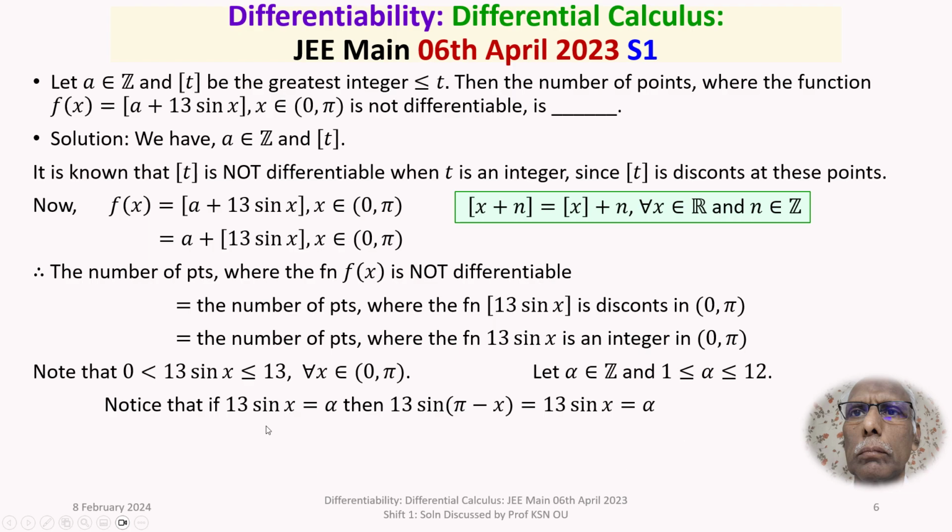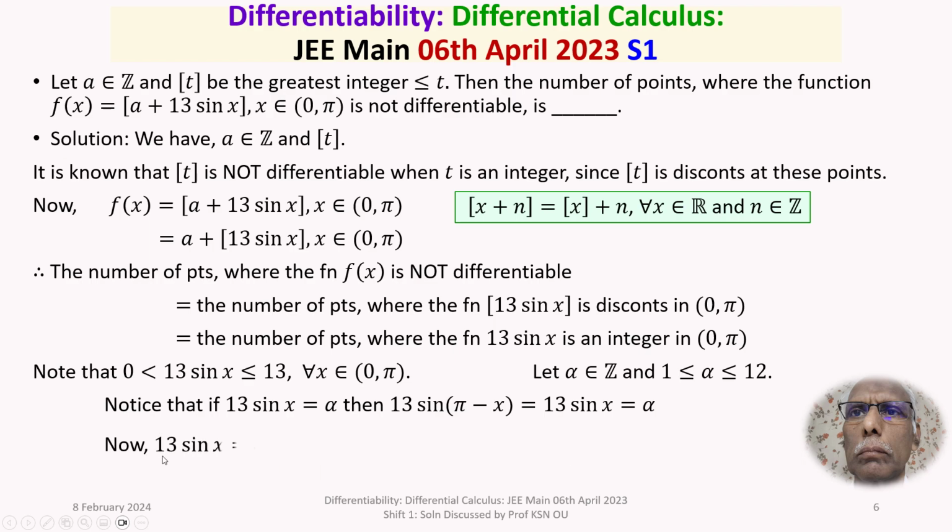That means if 13 sin x takes a value alpha, then 13 sin x also takes the value alpha for pi minus x. So if 13 sin x is equal to alpha for some x, then 13 sine of pi minus x is also alpha.